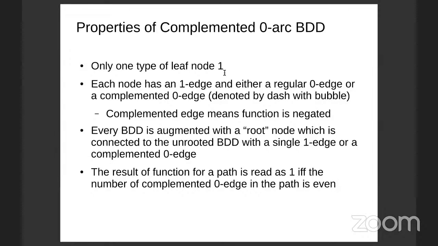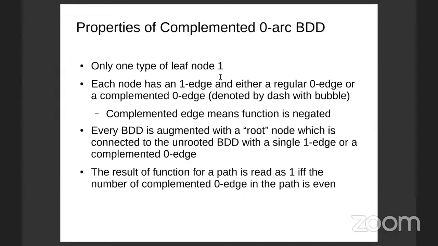Okay, so the idea behind zero arc BDD is to use only one type of leaf node, which helps you represent both f and f bar by sharing nodes almost completely between the function and its negation. That is the idea behind it.